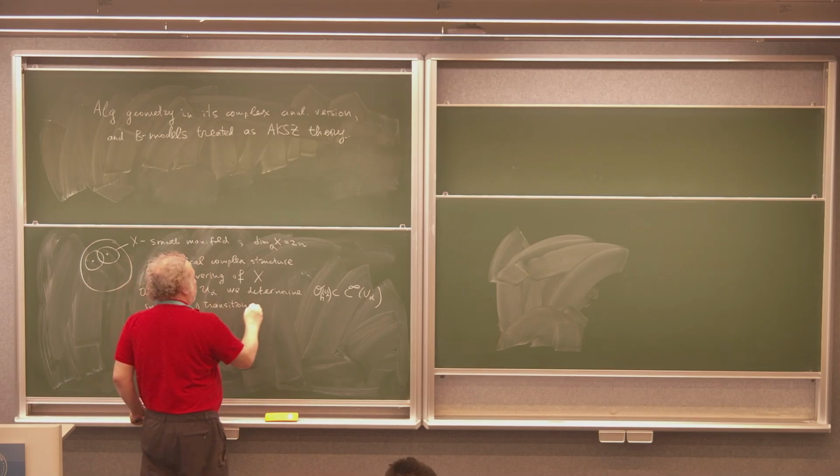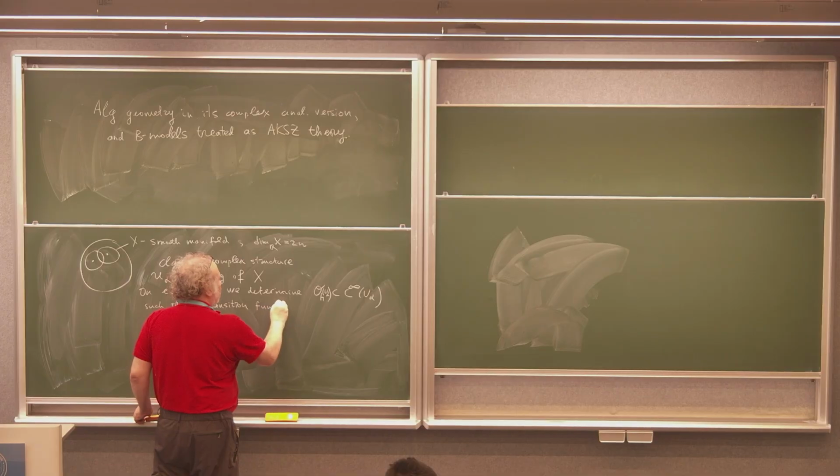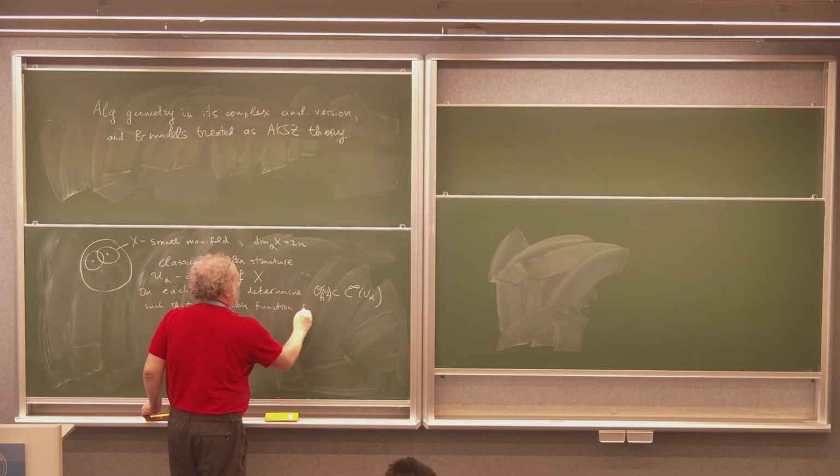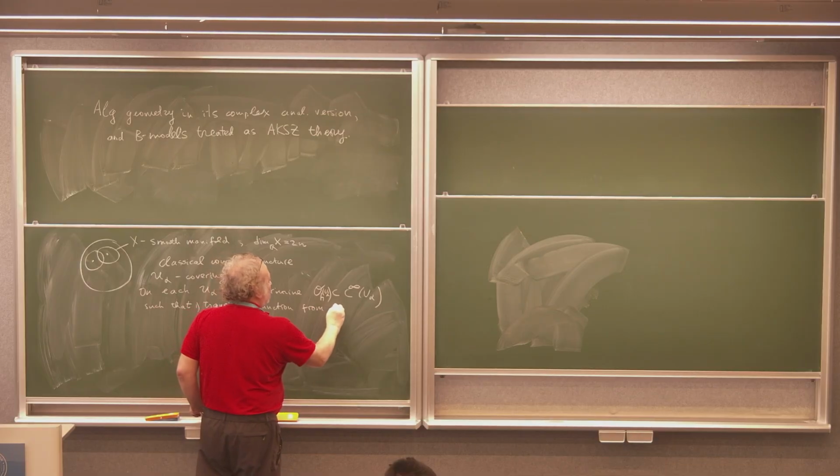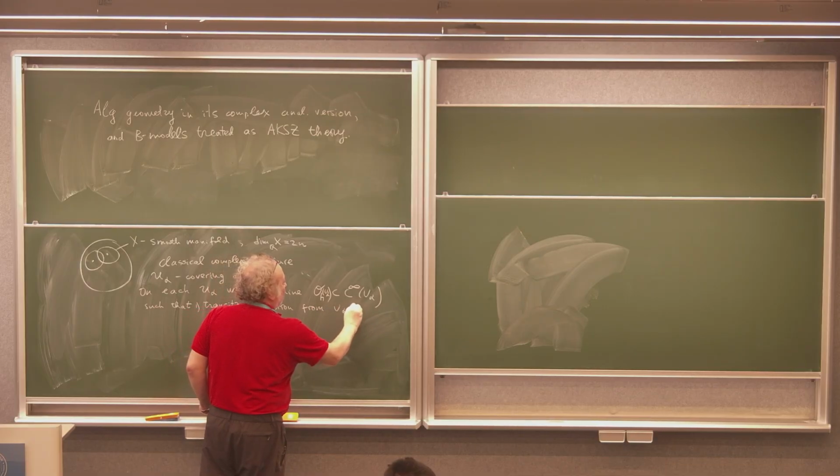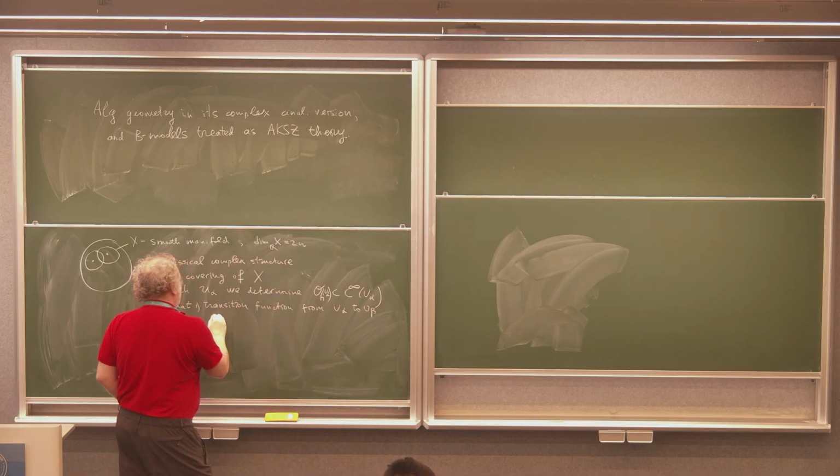Such that first transition function from U alpha to U beta is also holomorphic.